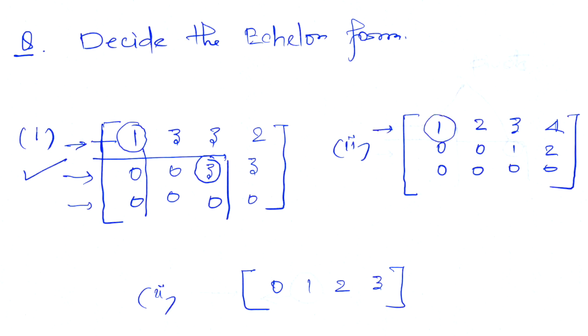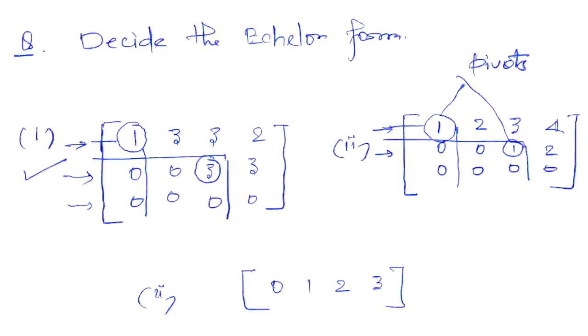Now we go to the second matrix and again start with the first row. We can see that the first element is non-zero, so it is a pivot, and anything below it is 0. Now we go to the second row, where we see a pivot in the third column, and the matrix formed by elements below it and to the left of it is all 0 except the pivot.